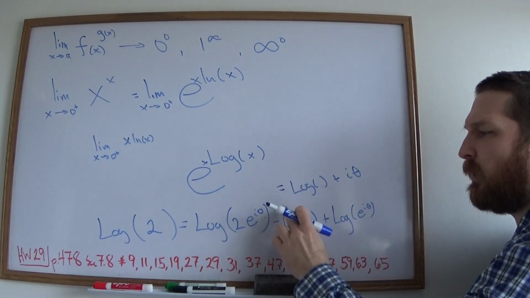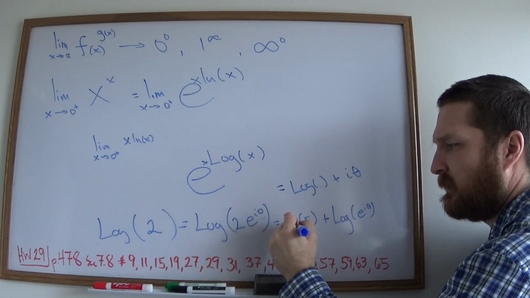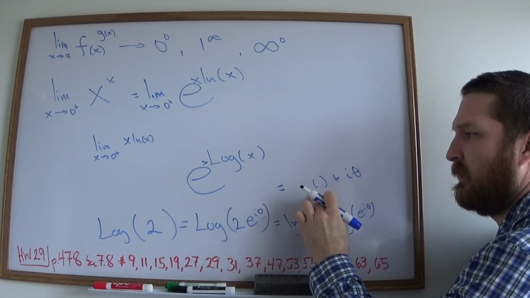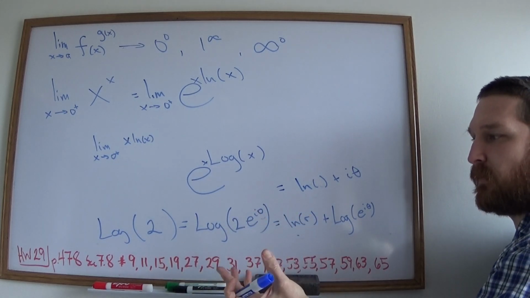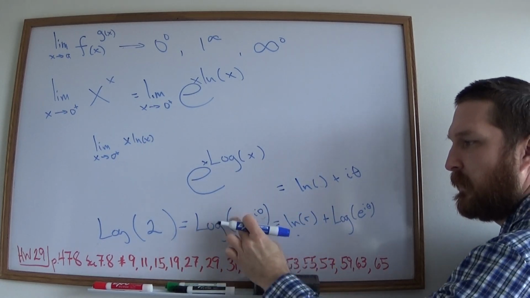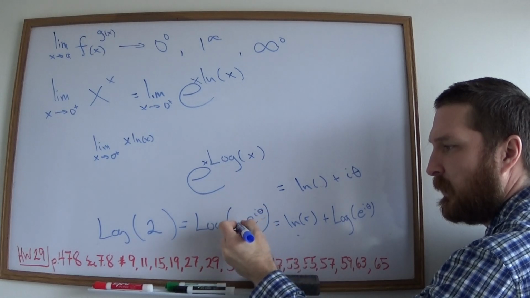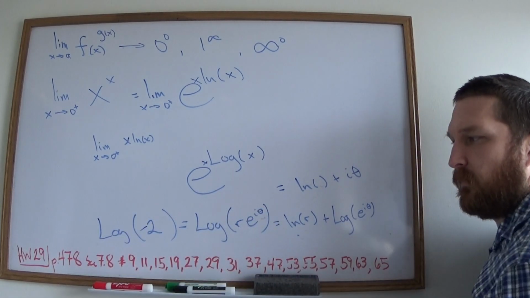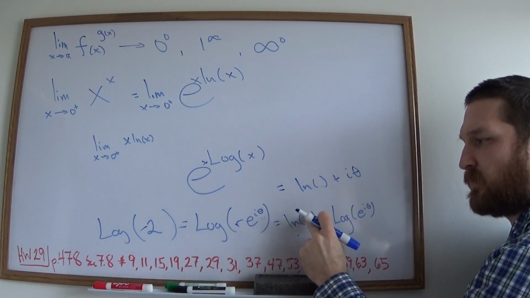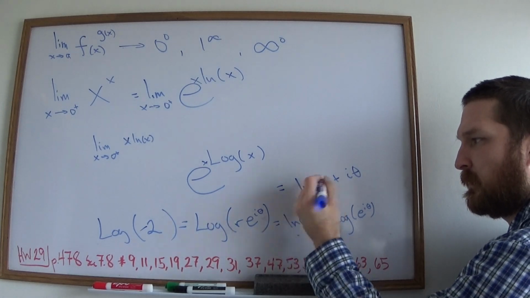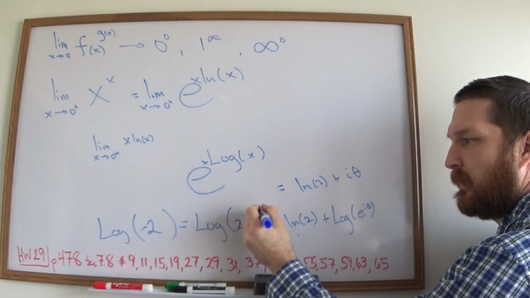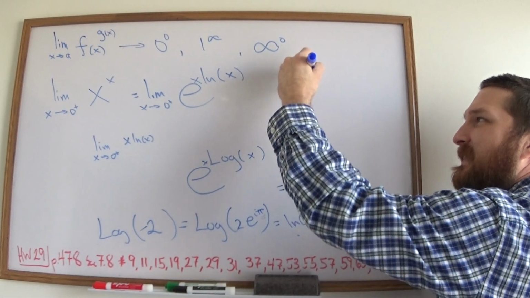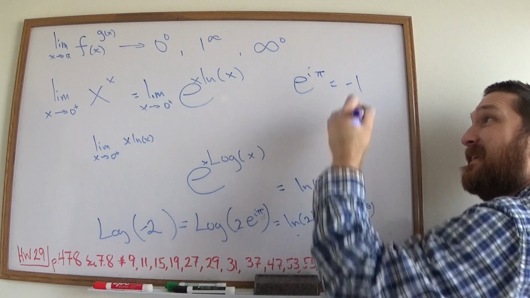Natural log, because r is always a positive real number. And if it's -2, then r is still 2, but now theta is pi, because e to the i pi equals -1.